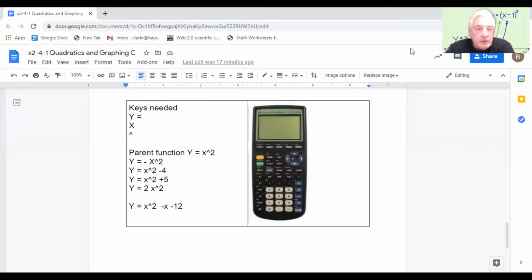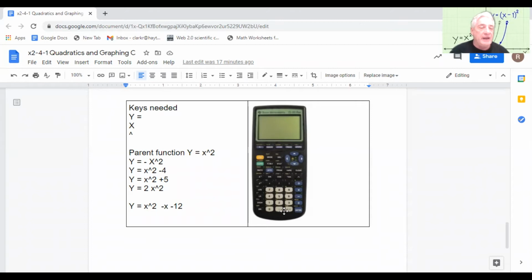Now, here are the keys you're going to need for graphing parabolas on the TI-83 and 84 models. You're probably quite familiar with this because we've already graphed straight lines on the calculator. We've done systems of equations on the calculator. You know where the y equals button is? It's up here. The x button, when you need it, is up there. Negative is not the same thing as subtract. It is in Algebra 1, but on your calculator, there's a subtraction key and there's a negative key.